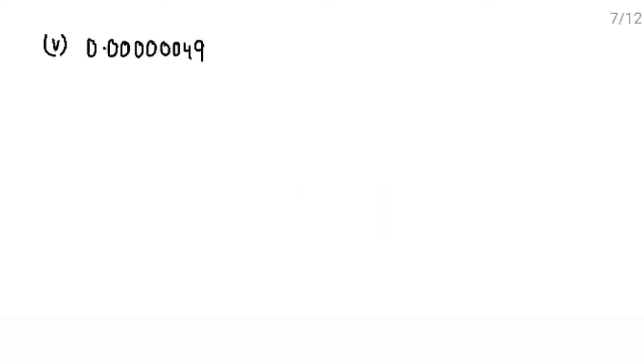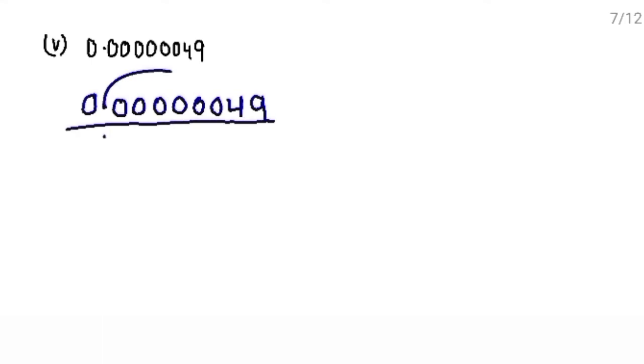Right? Next part is 0.00000049. Firstly remove the decimal. Remove the decimal, write 1 in the denominator. After the decimal you have 8 digits, so write 8 zeros in the denominator. 1 2 3 4 5 6 7 8.